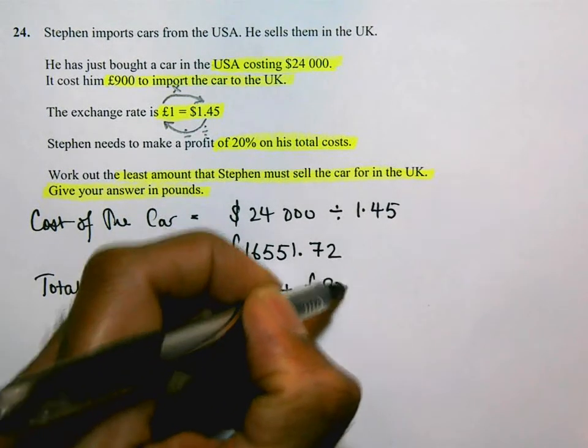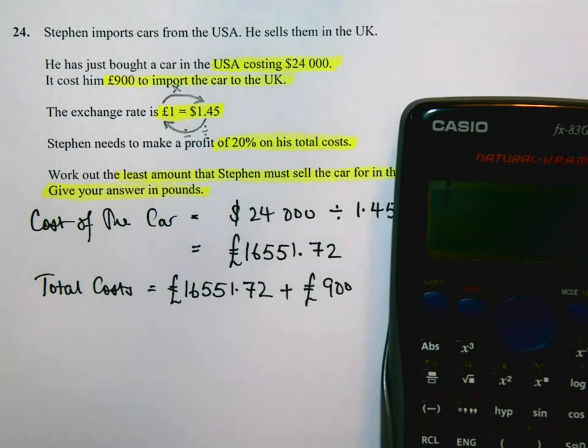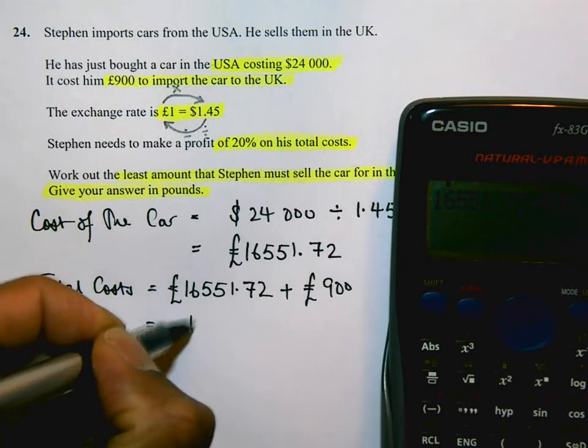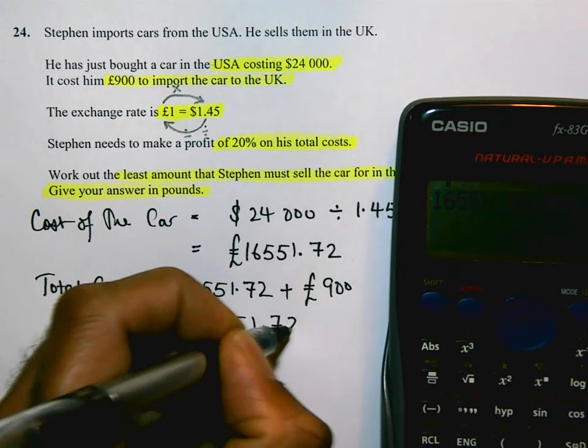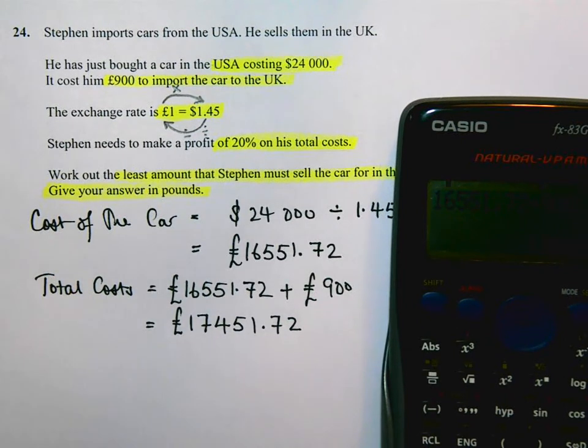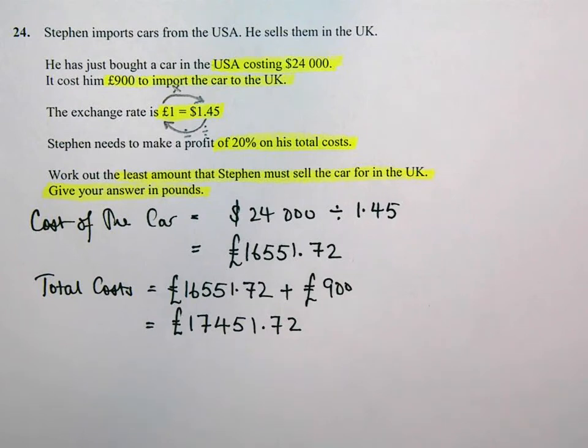So 16551.72 plus 900, that altogether is £17,451.72. That's the total cost of the car to him.